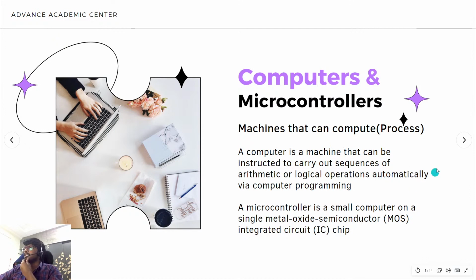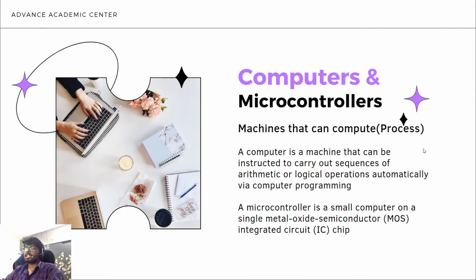Let's continue. I think you got the basic meaning of a computer, right? We'll get into what a microcontroller is. You see a lot of devices in your daily life, for example a small digital watch or a small clock on the wall.